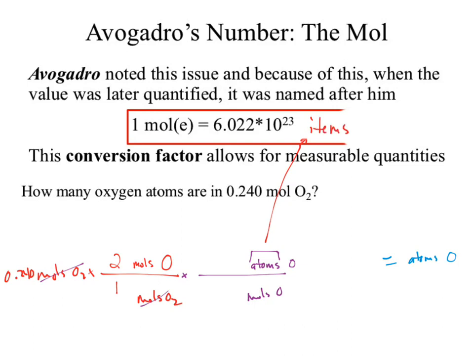Are atoms an item? Yep. So what can I use? 6.022 times 10 to the 23rd atoms is 1 mole of oxygen. What happens to the units? And I now have atoms of oxygen. Now I can punch into a calculator and I have my answer.